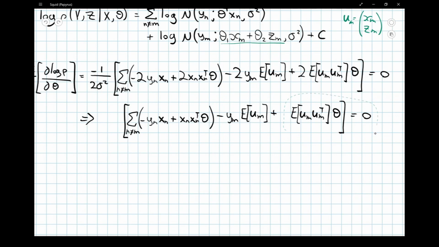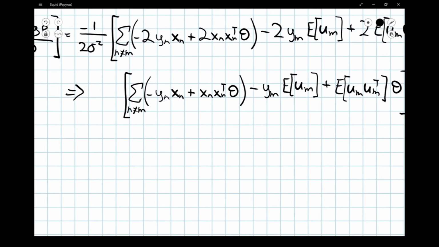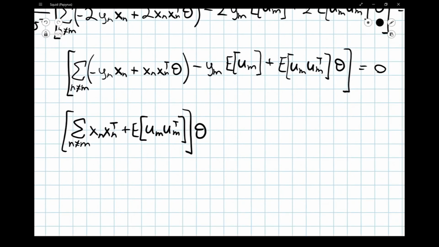Now we're going to collect together all the terms that are a function of theta and everything else that's left behind. So multiplied by theta, what we've got is our summation for n not equal to m of xn transposed. So that's here, and then we've also got this expected, so add expected, transposed, as they will be multiplied by theta, and then we have a load of stuff that's left over.